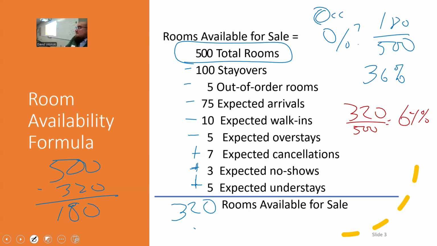You can do it one way or the other, but you have to pick one way and stick with it, so you don't confuse yourself. If you divide the 320, that's the 64% available, so you'd have to subtract 100 minus 64 to get what our occupied is. Questions, comments, concerns?